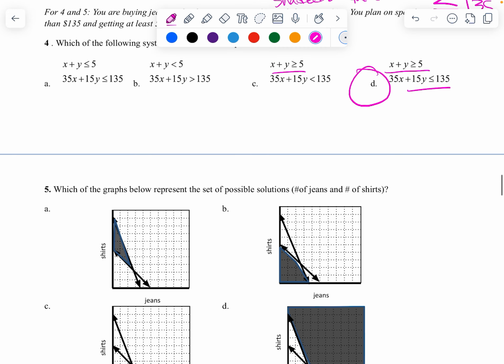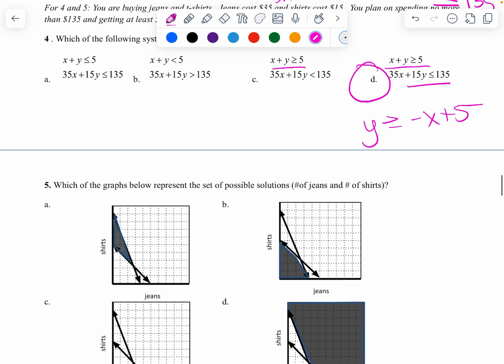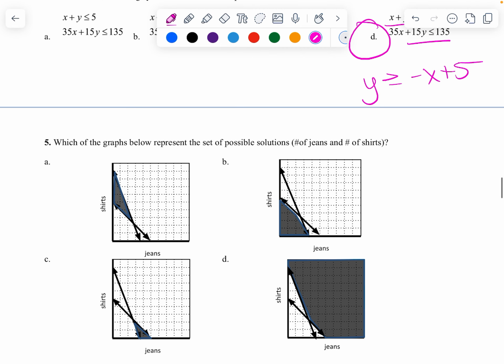Okay, so y is greater than or equal to -x plus 5. Okay, and that would be greater than. So it's going to be greater than this line right here. And it has to be less than the other one. So I'm going to say A.